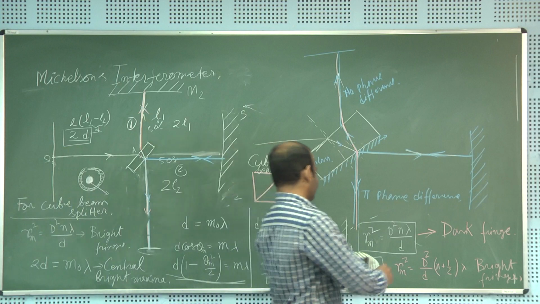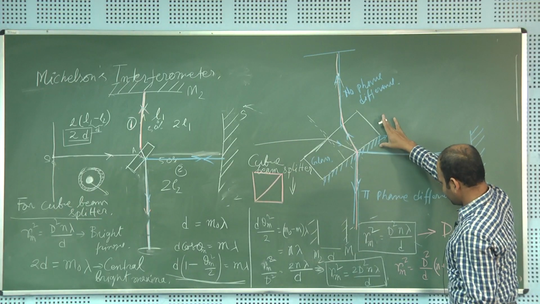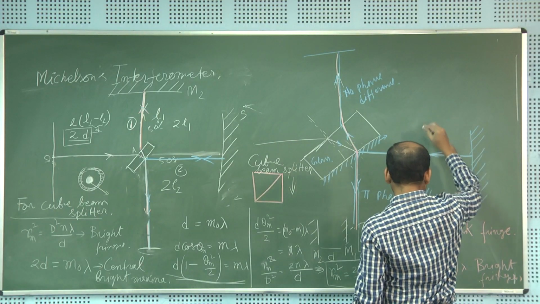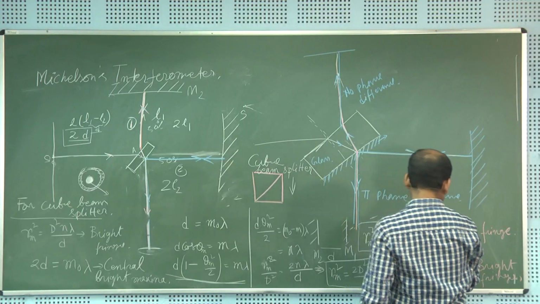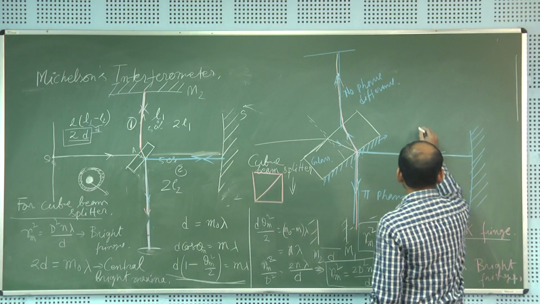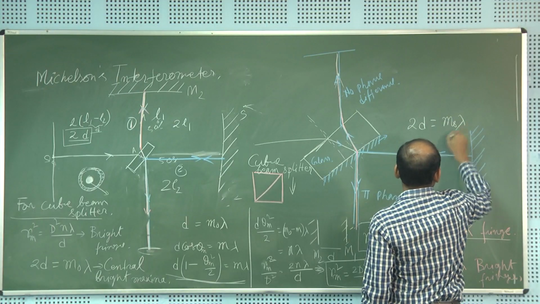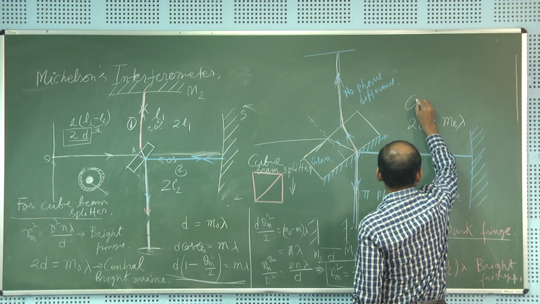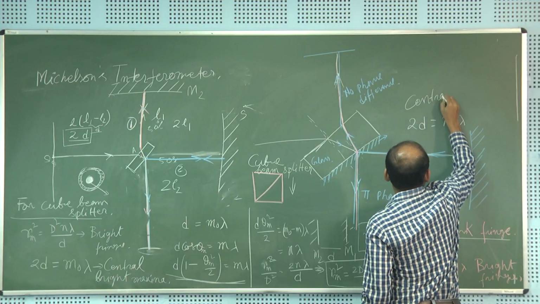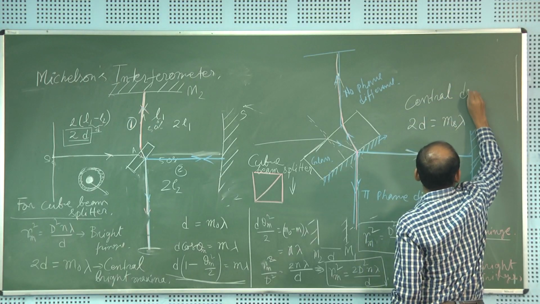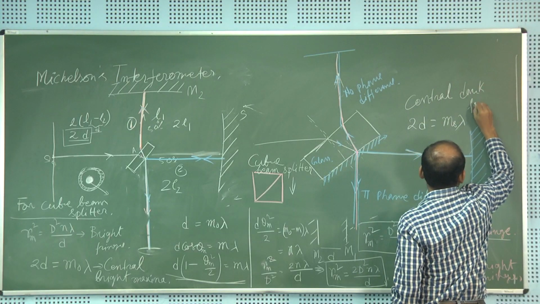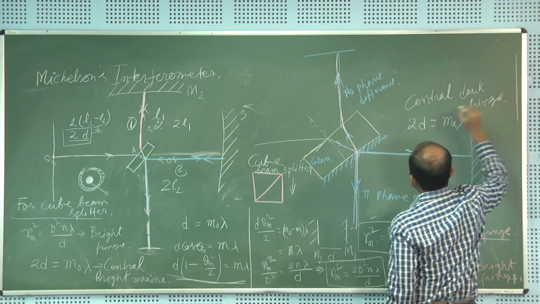And if we use this kind of beam splitter, then this condition, twice d as m0 lambda, would give you the central dark fringe in case of this.